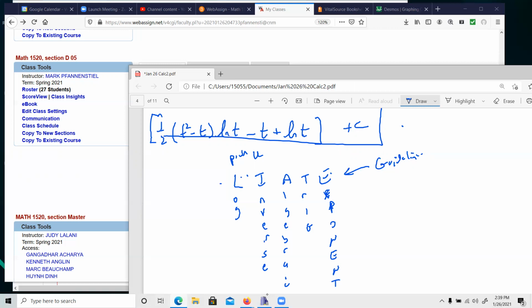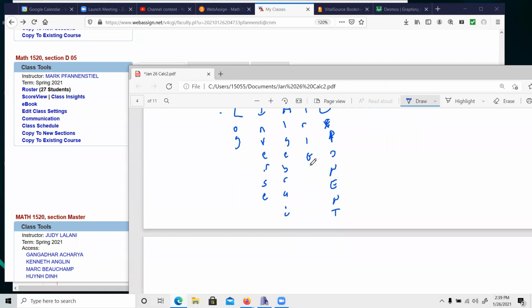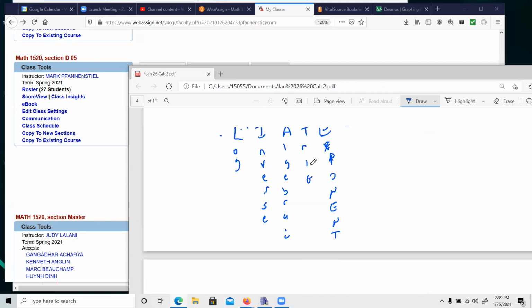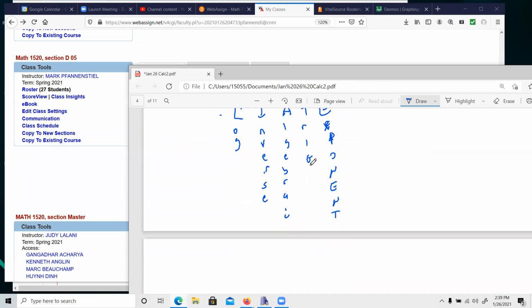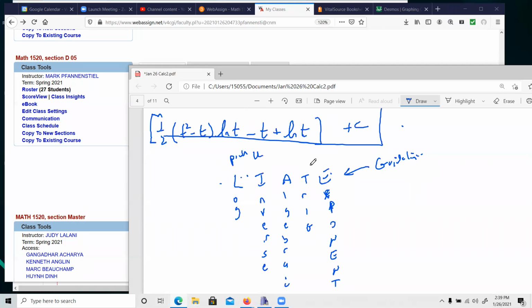So be careful about that. You're going to see this, and people are going to swear by it. It's a guideline, not a rule. Same thing with tabular integration. It's too easy to think everything works with this shortcut. No, it does not.